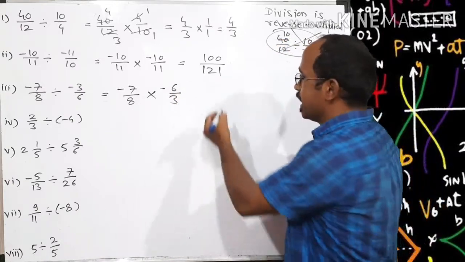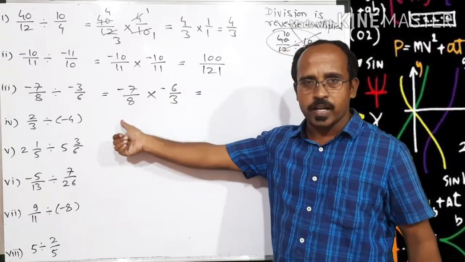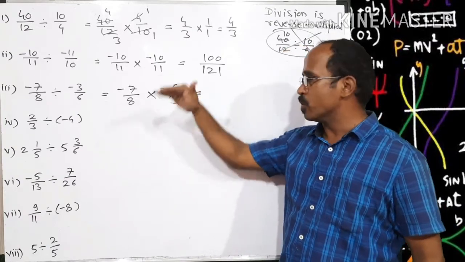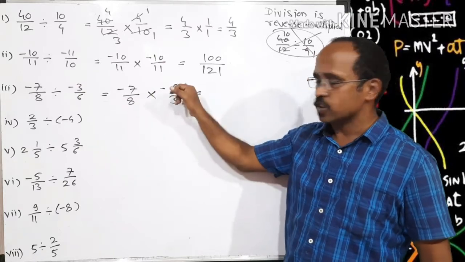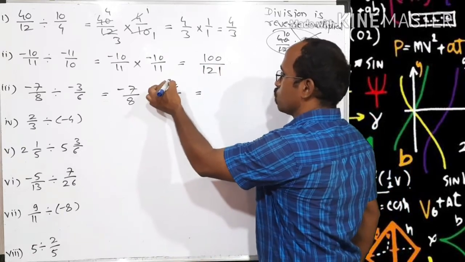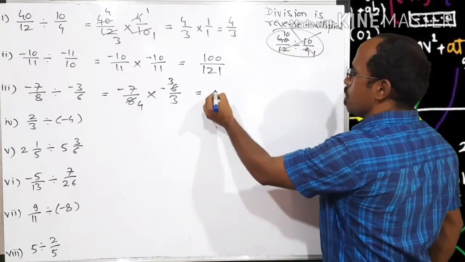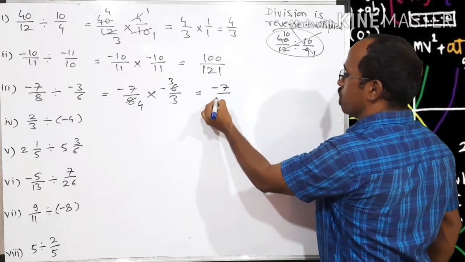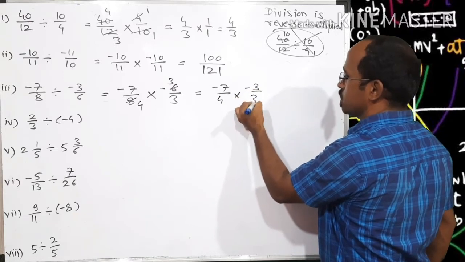Clear up to this? Next, see if there is any common factor between any number from the numerator and denominator. The answer is yes. 8 and 6 are both divisible by 2, so let's divide them by 2. Here it will be 2 3s are 6, 2 4s are 8. So what remains is minus 7 upon 4 into minus 3 upon 3.